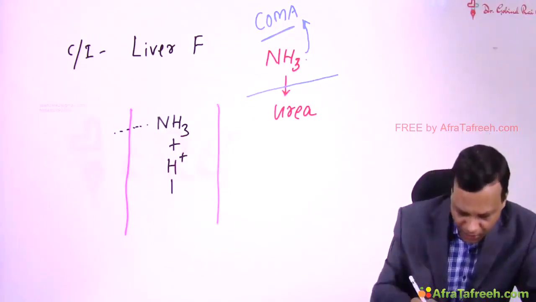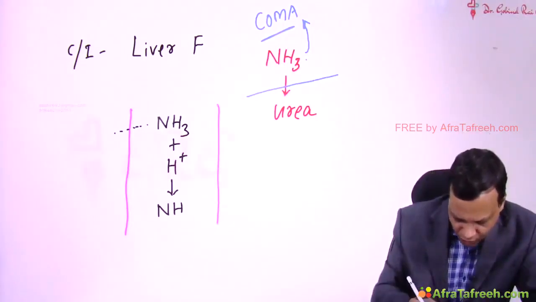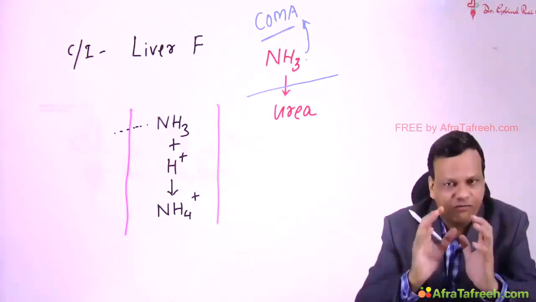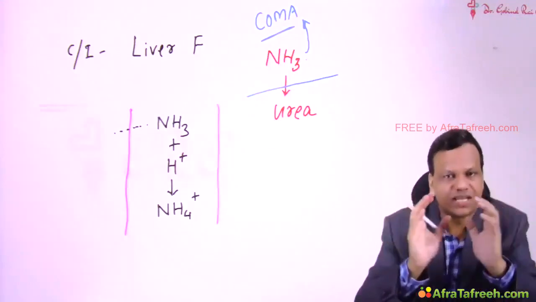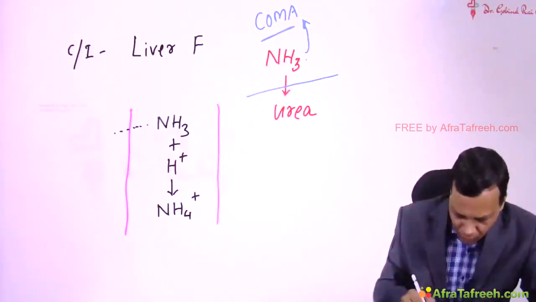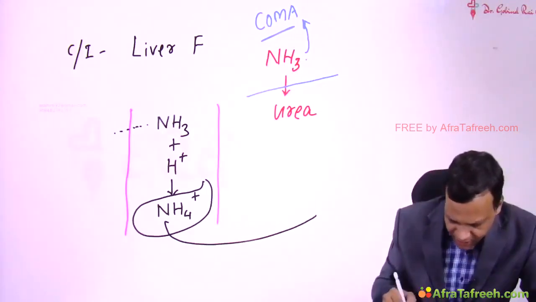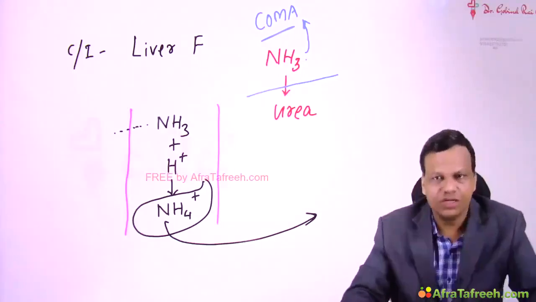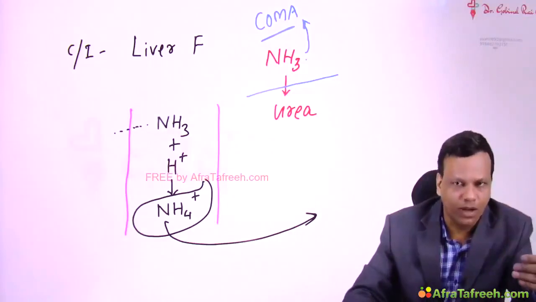So ammonia combines with these free protons to form ammonium ions. And we know the ionic form is a charged compound, meaning it cannot cross the membrane. So this ammonium ion will be excreted in the urine. So ammonia has now been removed from the body, so there is no problem of coma.